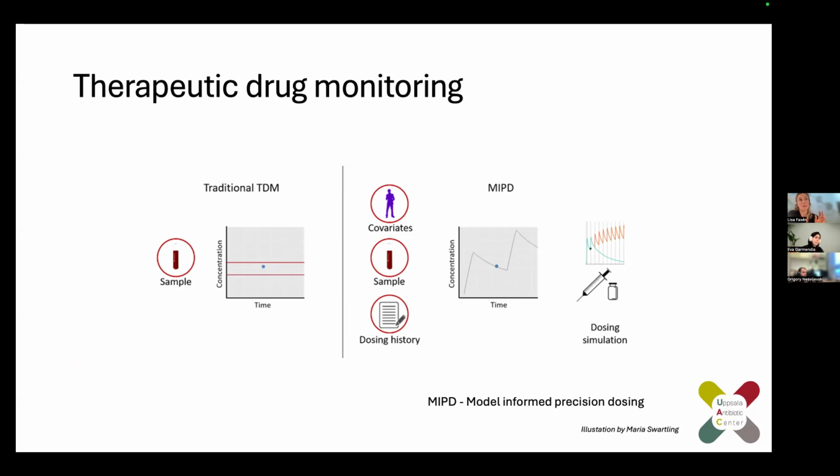So you have this population PK model for this drug, and then you insert information from your individual patient, the covariates, and the plasma concentration and dosing history. Then you use this Bayes estimation equation to calculate the individual prediction curve for this patient, and you can calculate the optimal dosing strategy. So that's mainly how it works.